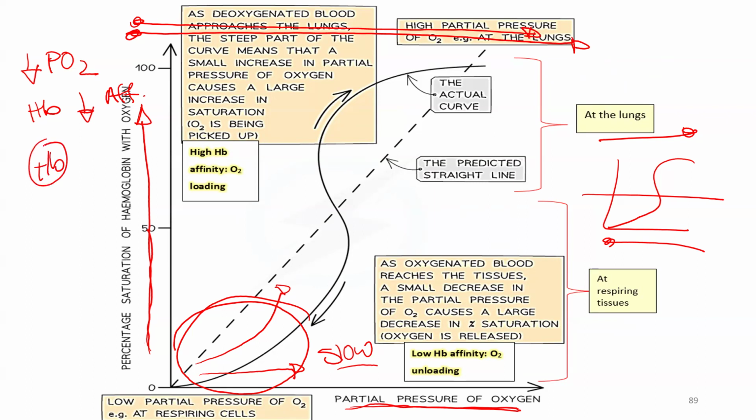Remember that? So I am the hemoglobin, and we have only one oxygen. I'm not very fond of this oxygen. My affinity to the oxygen is already very low. I prefer the hydrogen ions, because I have more affinity to the hydrogen ions. So here at this part, I am at the respiring tissues. I have low oxygen and I have high CO2.